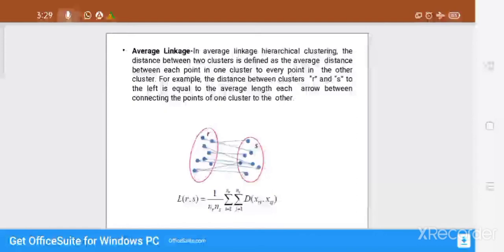And here the formula for calculating that average is nothing but 1 divided by N_R times N_S. What is the meaning of N_R? That is the number of points in cluster R, and N_S is the number of points in cluster S. So likewise.